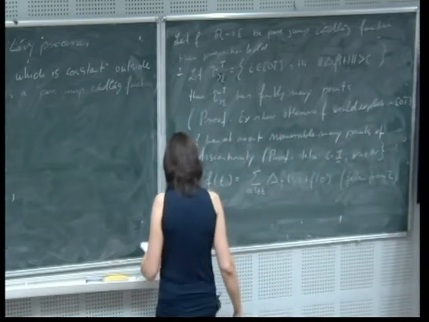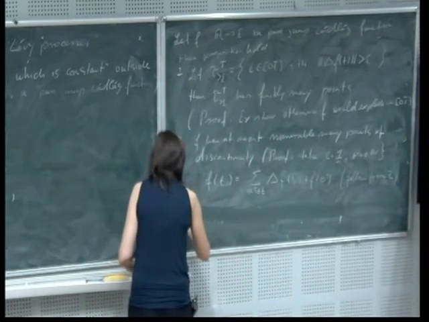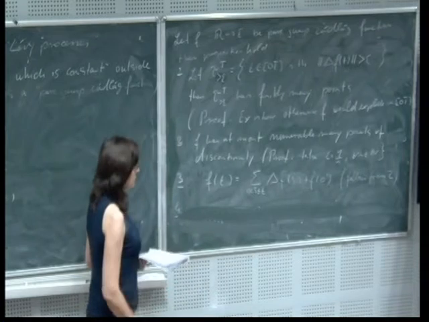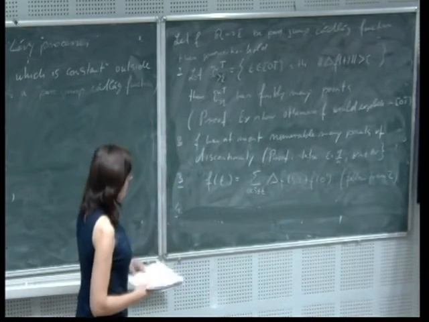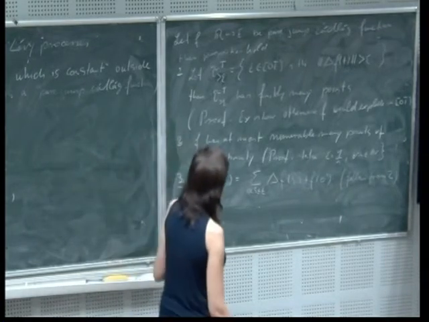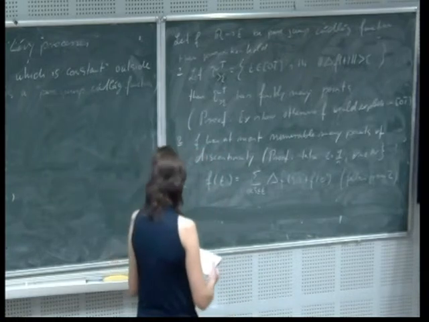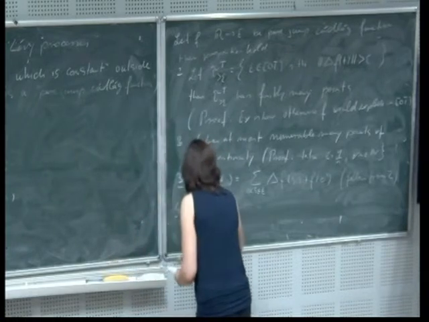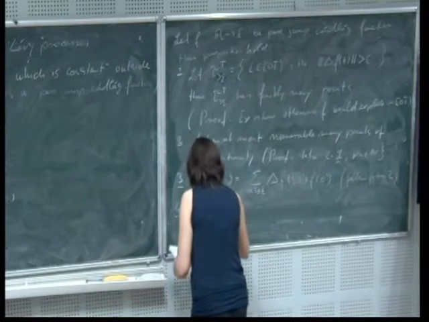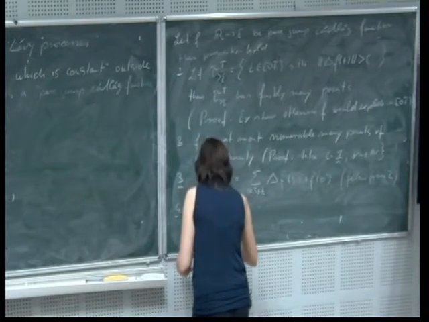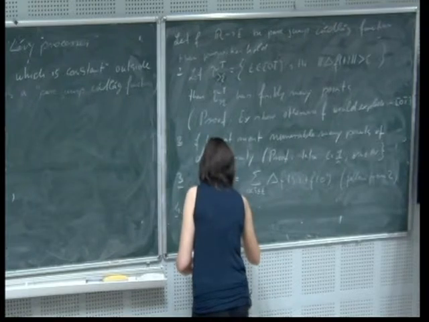Okay, and I can decompose my function in two parts, and I know for sure that one part has finite variation. So I can decompose my function into those jumps which are bigger than a constant, for example epsilon.